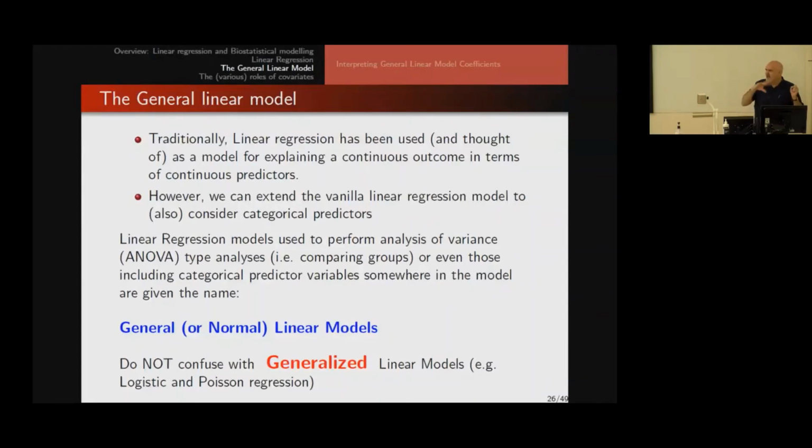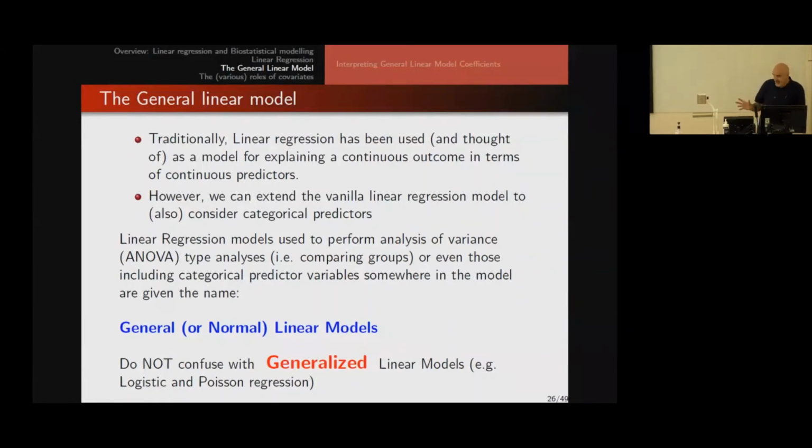If I'm talking about categorical predictors, at least traditionally, I would think ANOVA. But I don't even think that. I think the general linear model. So we can extend the vanilla linear regression model to also incorporate categorical predictors. So that might be gender, age group, BMI class, whatever.